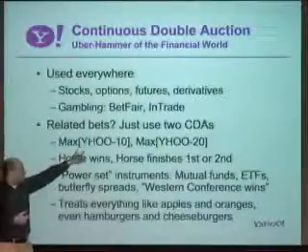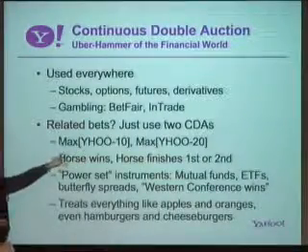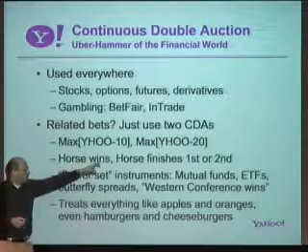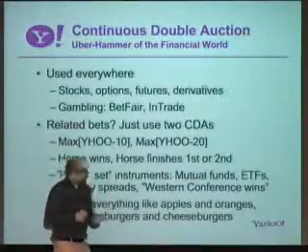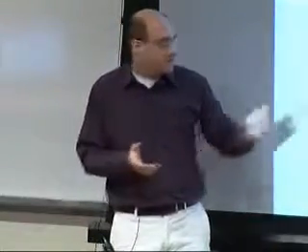two things that are logically related to each other are very, very closely related. Like, here's an option to buy Yahoo stock at 10, and here's an option to buy it at 20. It's logically guaranteed that this one has to be worth at least as much as that one. But yet, if you go to an options exchange, they're two different continuous double auctions that operate completely independently.